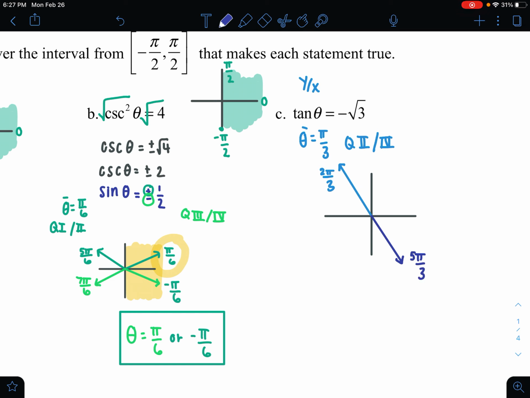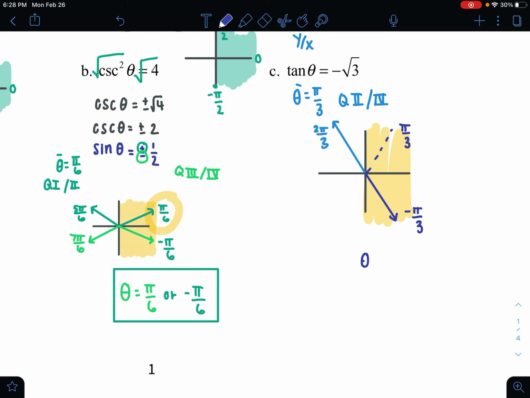Again, if I reflect 2 pi over 3 or 4 pi over 3, it's not really changing the quadrant, so that's not going to help us. However, in quadrant 4, this would fall within the interval. We're just going to have to name it differently. So instead of saying 5 pi over 3, we can say, okay, if this is pi over 3, then right here would be negative pi over 3 and would satisfy our interval. So theta could equal negative pi over 3.